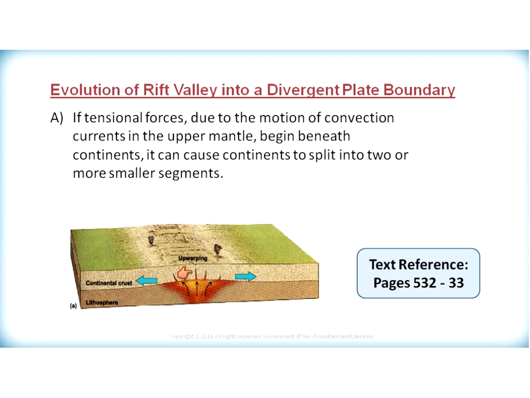This heat source will cause the rock to act as a plastic, and it can eventually crack and move off in different directions. Information on rift valleys can be seen in your textbook on pages 532 and 533.